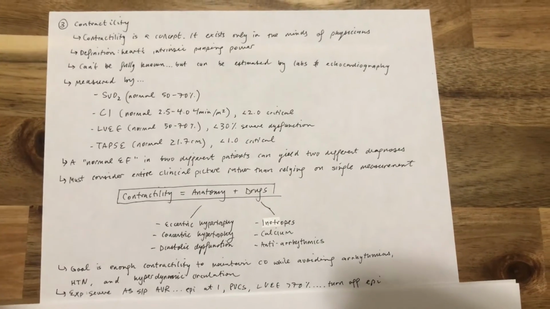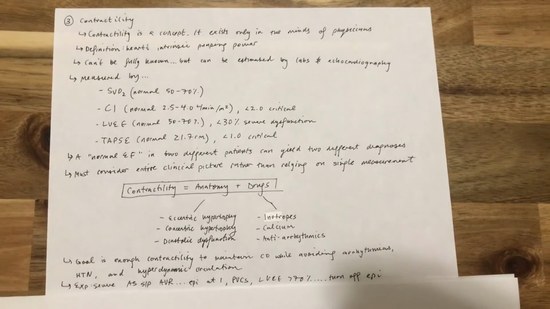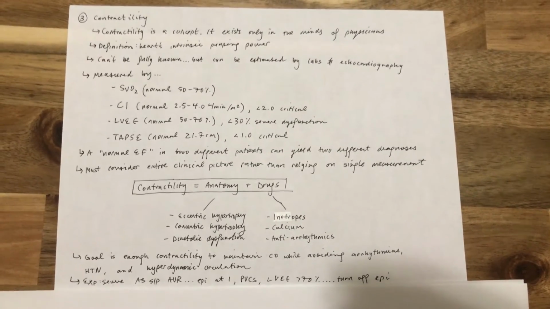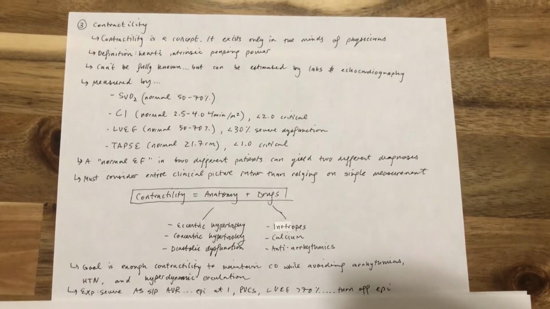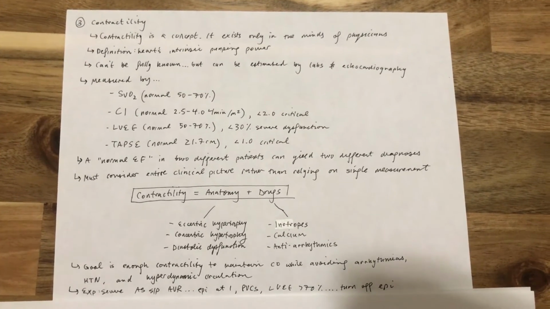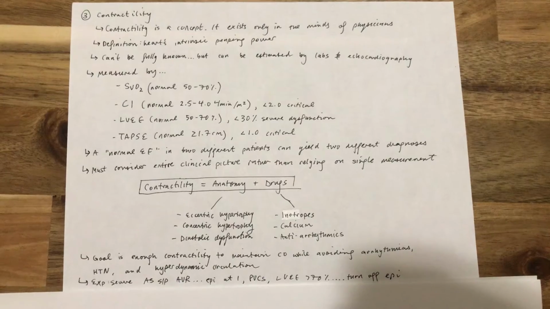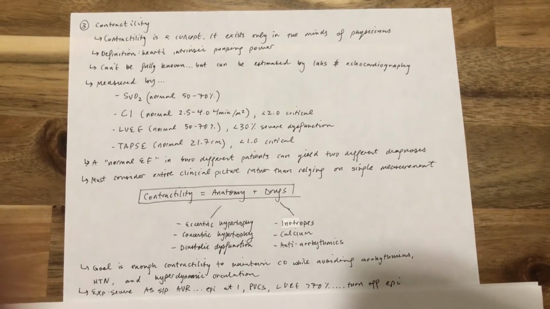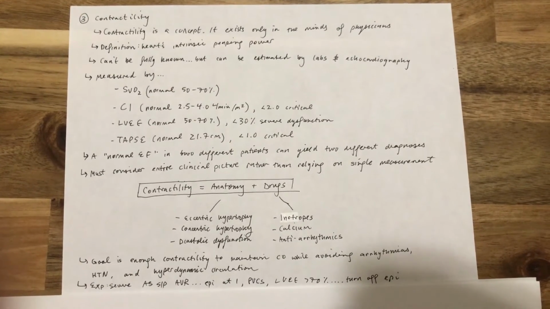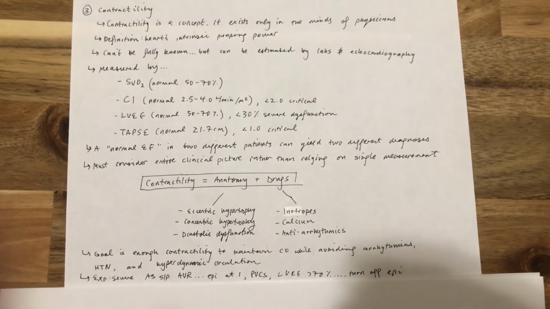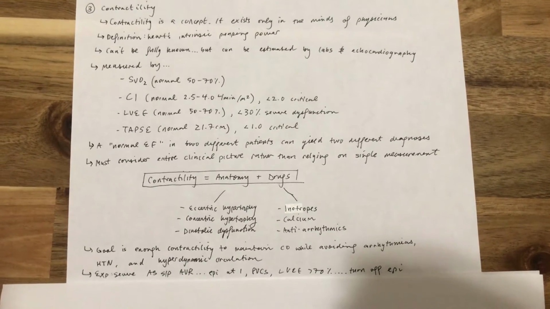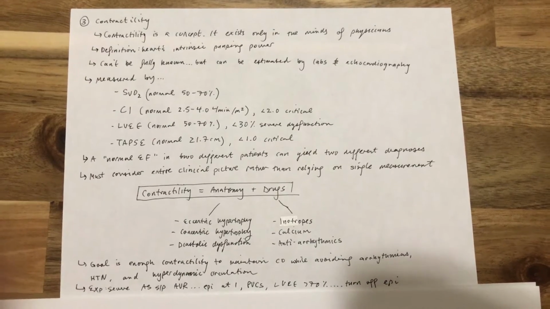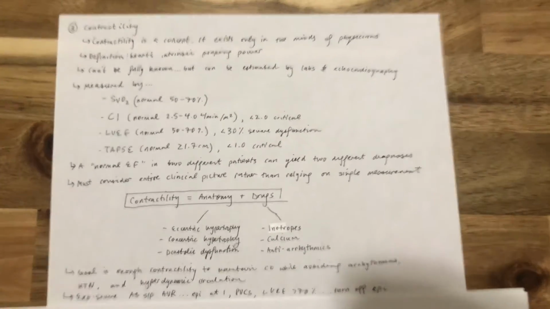The fourth one, which is probably the least known, is called TAPSE, which stands for tricuspid annular plane systolic excursion. And what that is, you use an echocardiography probe to get an apical four-chamber view, and you measure the distance that the free wall tricuspid annulus moves between the base and the apex of the heart during systole.